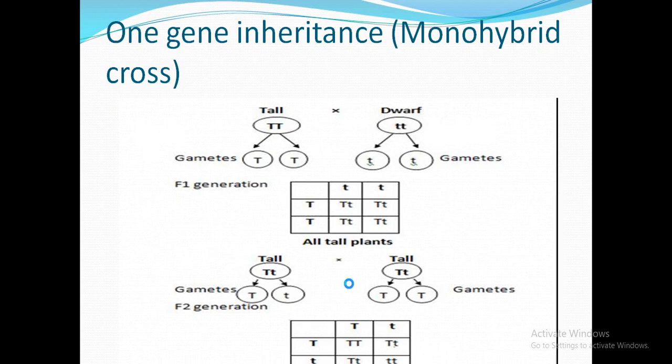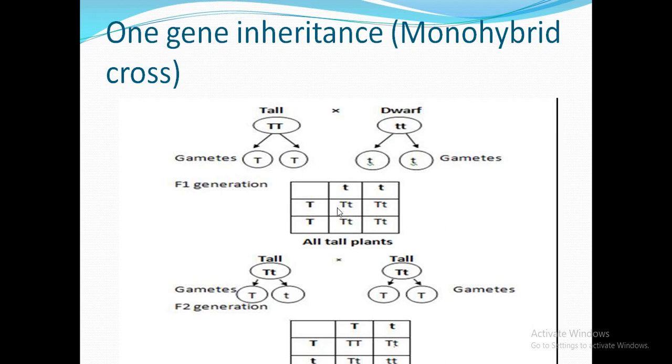Now this law was based on the fact that in the F1 generation, even though the dwarf allele was present, in all the genotypes the dwarf allele was present, but this dwarf allele did not express itself. Instead, only the tall allele expressed.